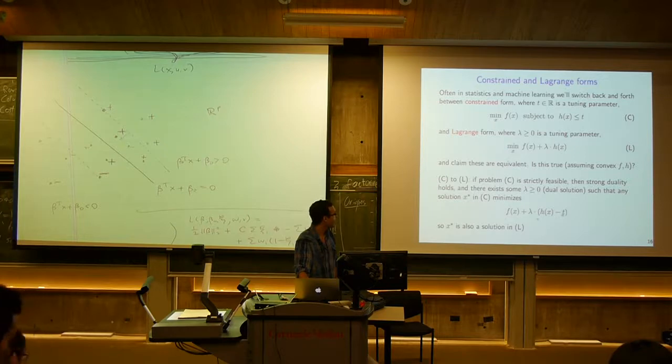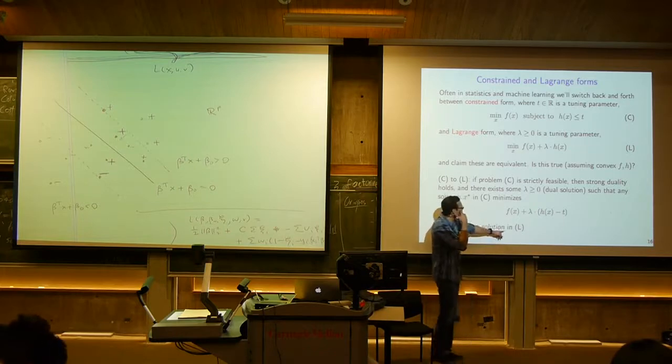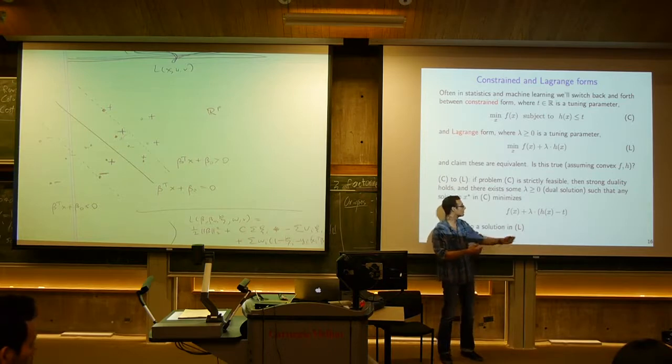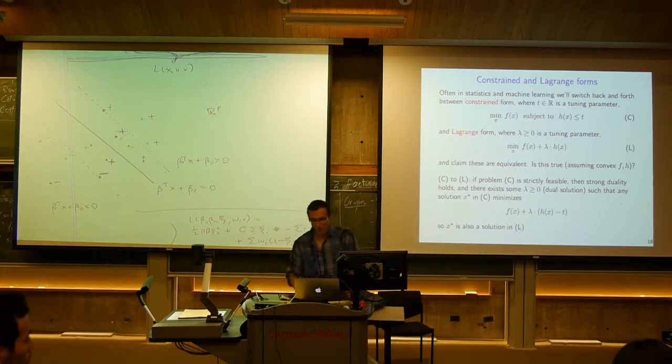And look, t is just a constant here, right? So that's the same thing as saying that x minimizes f of x plus lambda times h of x, which means that it's a solution in the Lagrange version of the problem for that lambda, whatever the dual solution happened to be at that lambda. Okay, so now we've just shown that for every constrained problem, there's a corresponding Lagrange problem that has solutions of the constrained problem also being solutions of the Lagrange problem, right?